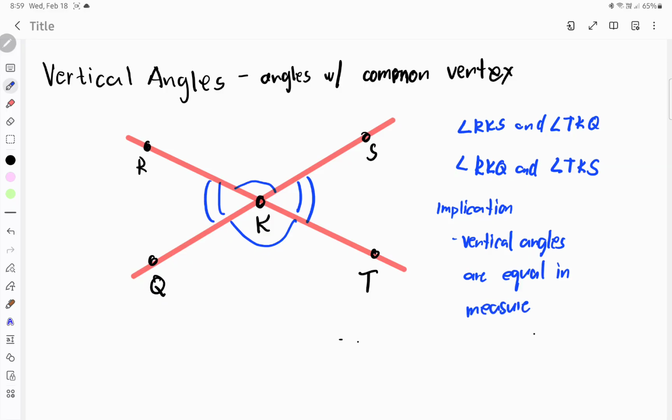For example, if this is 70 degrees, then this is also 70 degrees. If this is 80 degrees, this is 80 degrees. That's how it works. Vertical angles have the same measure. However, we're now leading to the measures.